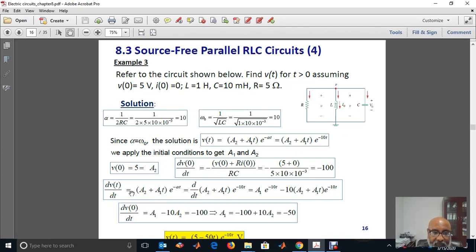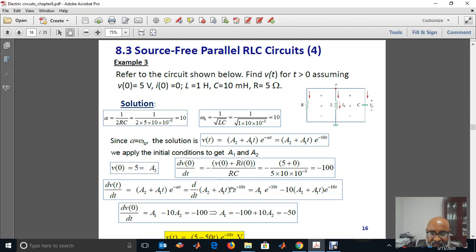So here for dV by dt, when we take the derivative of this, we have two functions. We use the rule of derivative for the product of two functions. If I have the product of two functions, f of t and g of t, the derivative of f of t times g of t is the derivative of f times g plus f times the derivative of g.